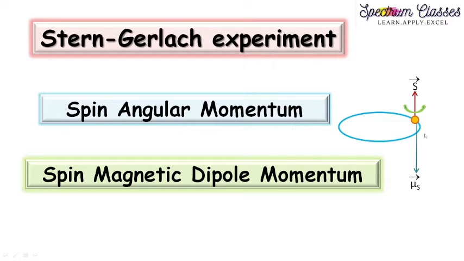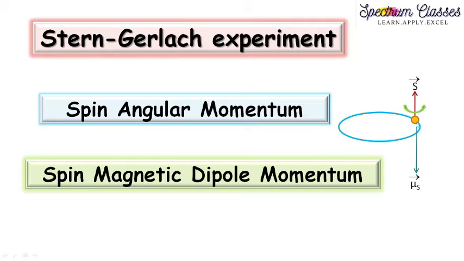How are we going to explain this? This is the electron which is moving on its own axis, and it is also revolving about the nucleus. So it has two different types of angular momentum. One is due to revolution about the nucleus in this orbit, which is orbital angular momentum, and due to moving on its own axis, it has spin angular momentum.